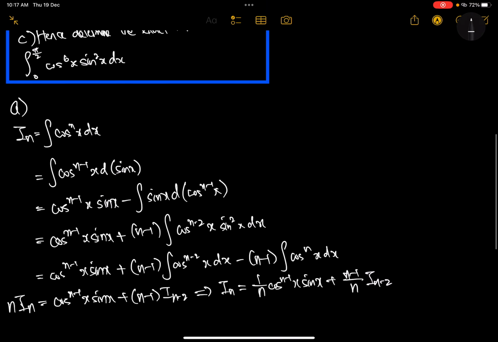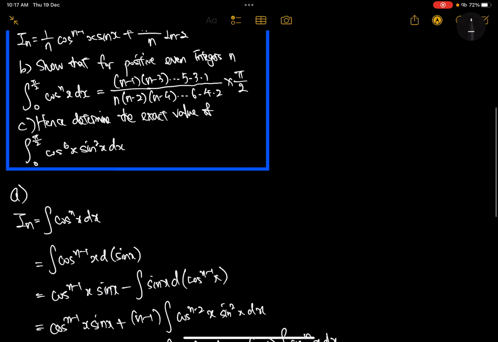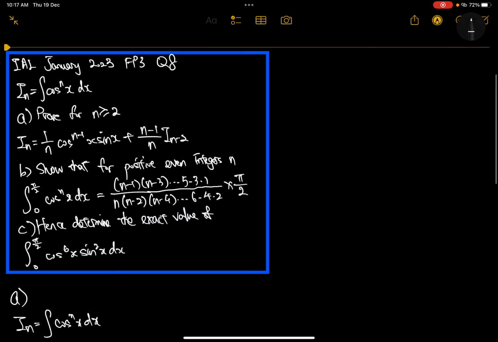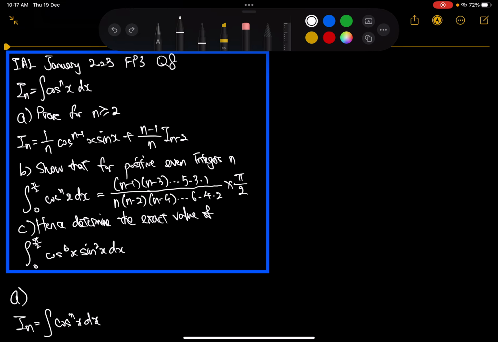I don't see any hard parts there. Part B, we have to use induction, because there's way too many terms, and I'm not doing this term by term.